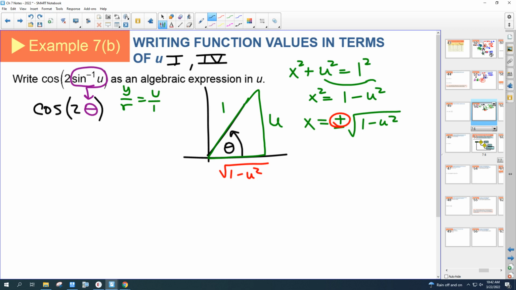In double angle cosine, you look at your identities, you've got 3 different choices. On my board, I've got them labeled 5B, C, and D. Honestly, though, even though you've got 3 choices, I think I'm going to stay away from one that deals with the x coordinate just because it looks more complicated.